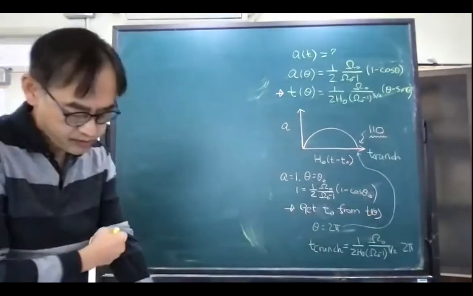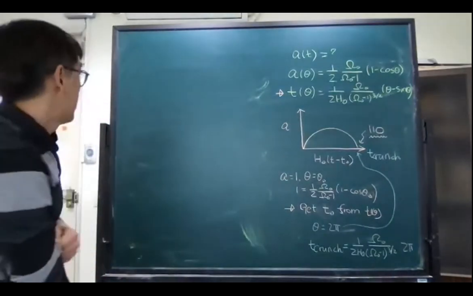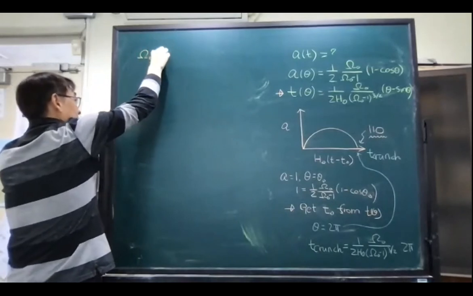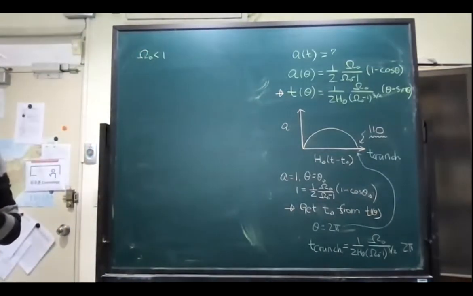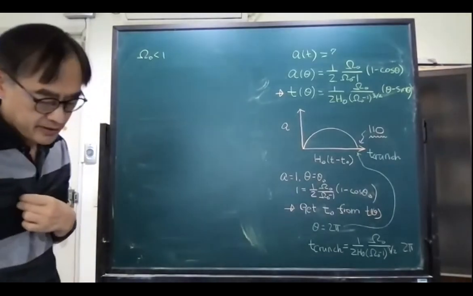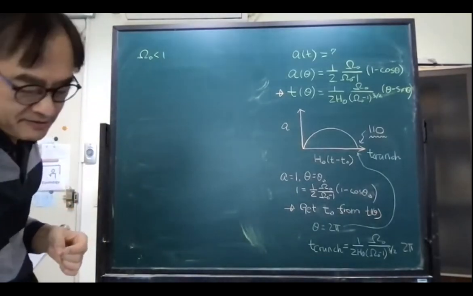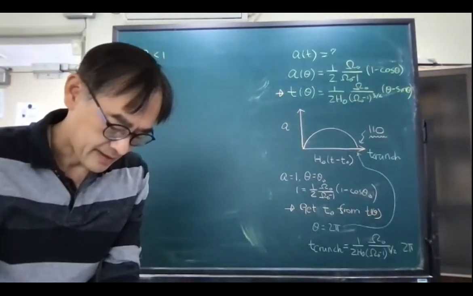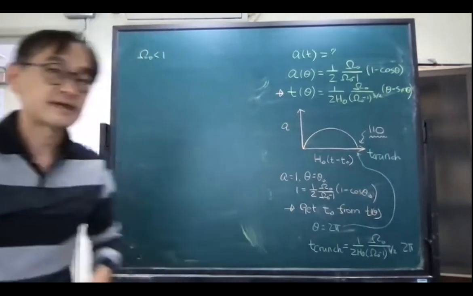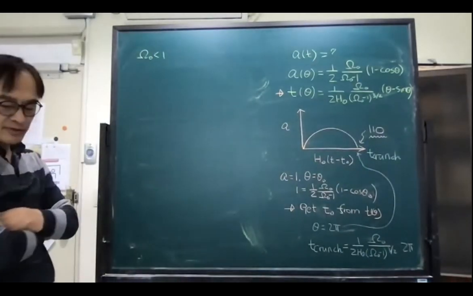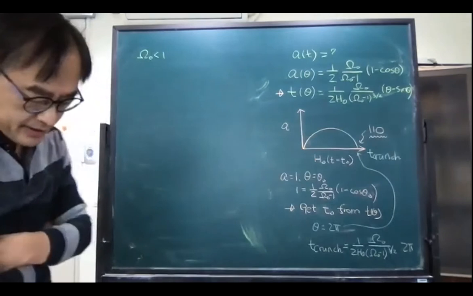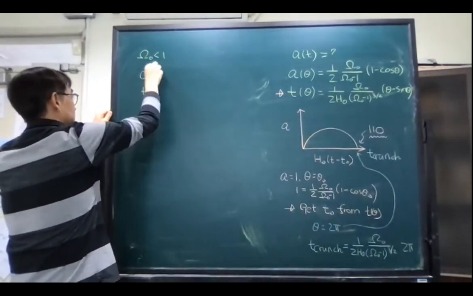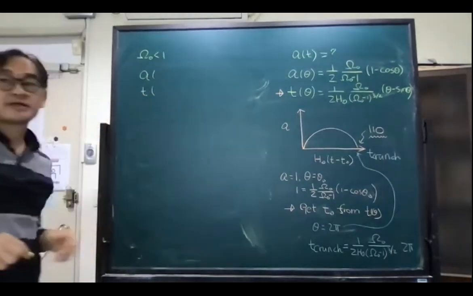Now, when omega 0 is negative, the integral becomes slightly different. And as we have seen something similar, in this case, A and T are also parameterized.